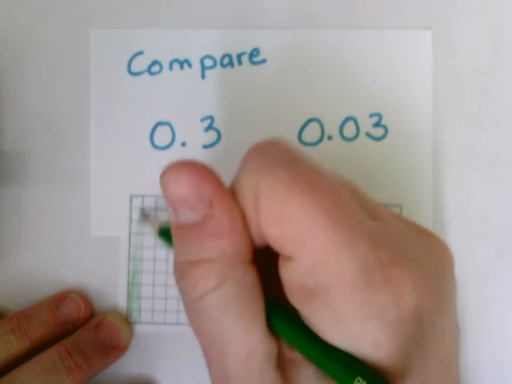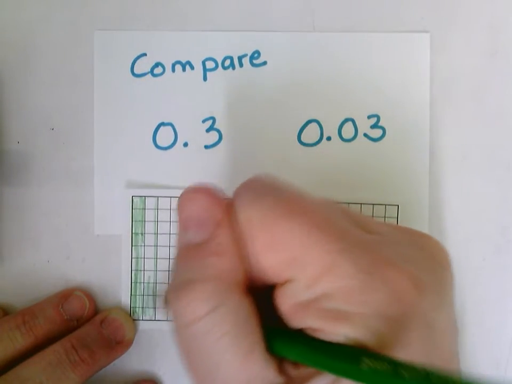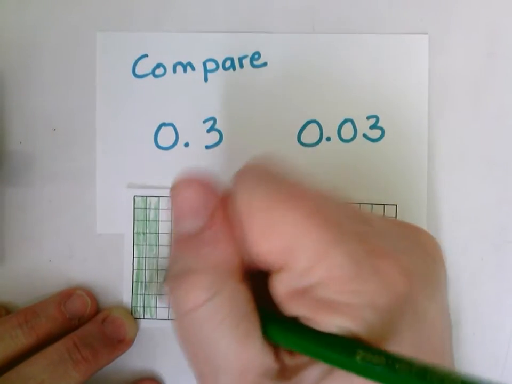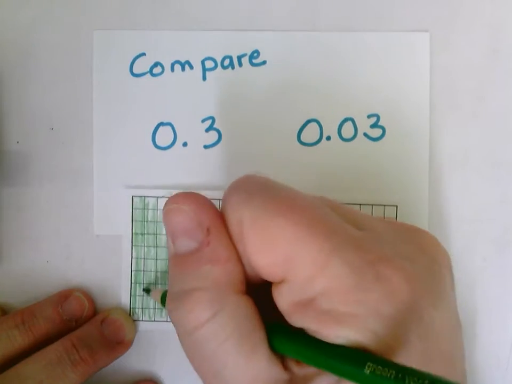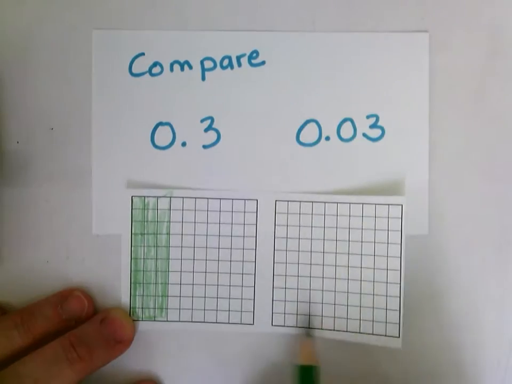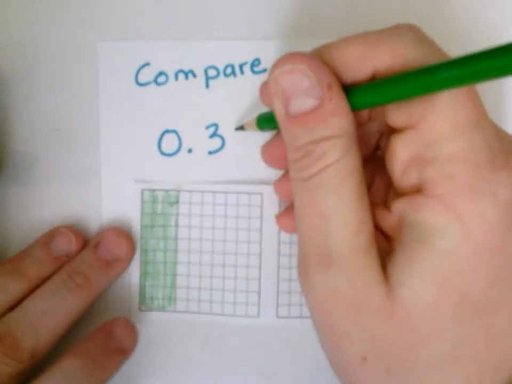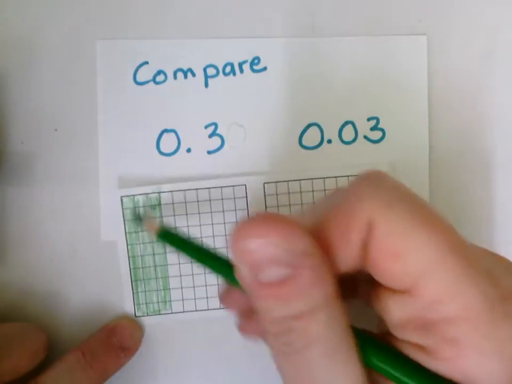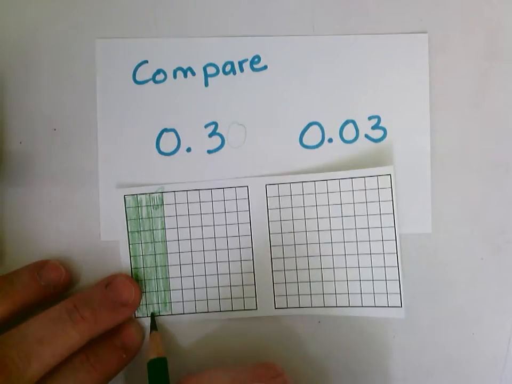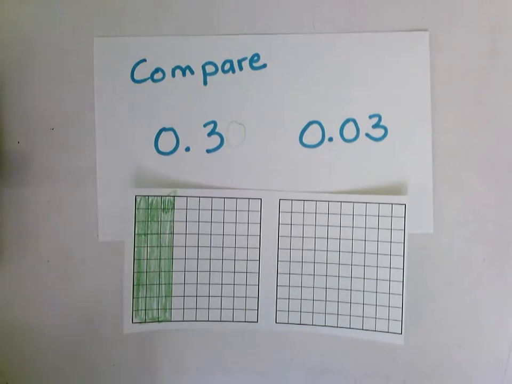So that's 1 tenth, 2 tenths, 3 tenths. And I'm using 2 grids that have hundredths, so I know I'm coloring in my tenths, but if you wanted to add another 0 here, that means I have 30 hundredths, 10, 20, 30, and I have colored in my 3 tenths or my 30 hundredths.